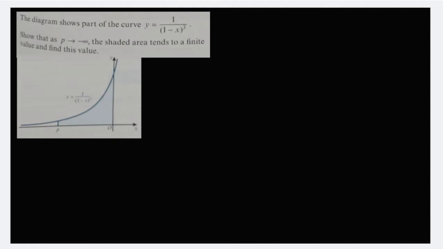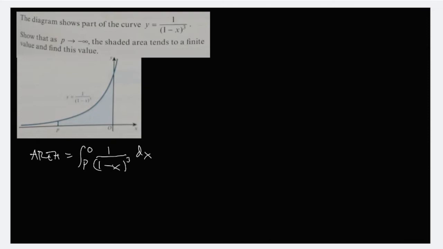If we are going to write it, the statement will be, the area A will be equal to the improper integral from p to 0 of 1 all over 1 minus x raised to the third power dx.